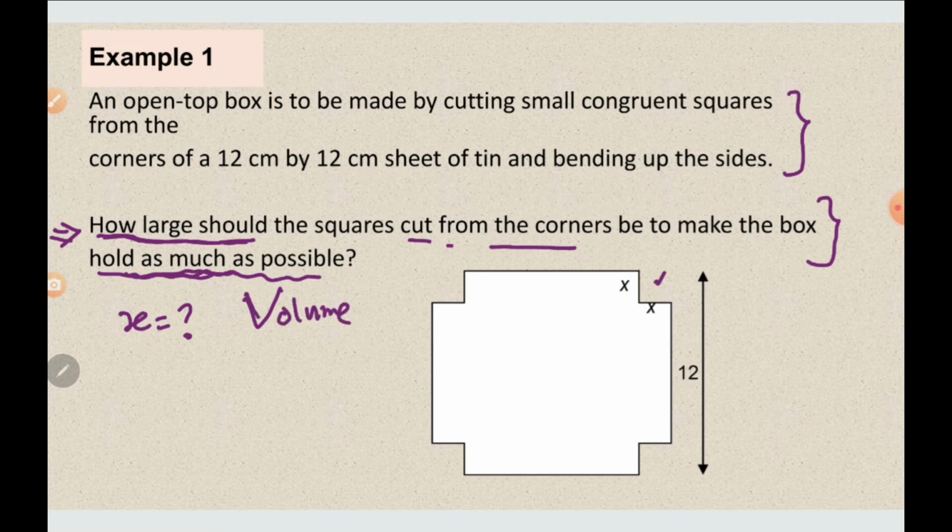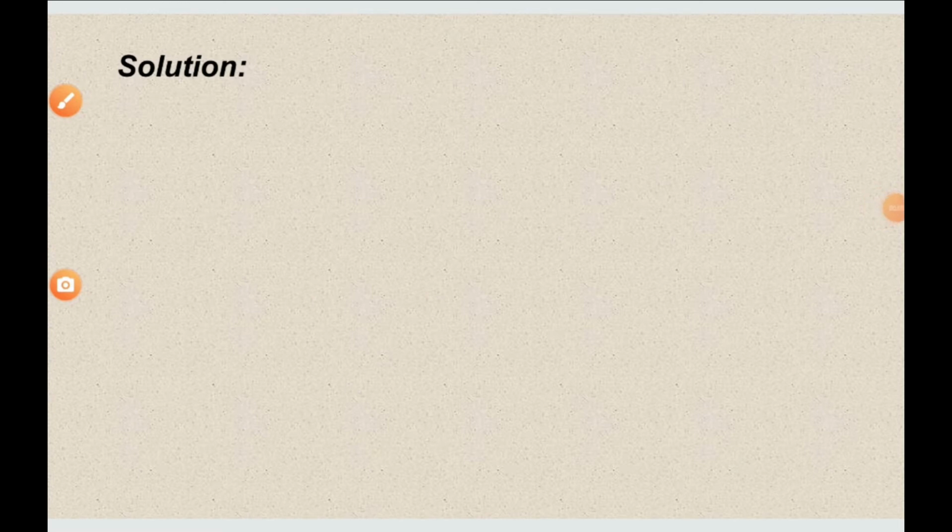So to get the volume maximum, I write here maximum volume. So what is the side to be cut? To solve this problem you should understand that we will use the second derivative test to solve the optimization problem here. You need to understand what is the function that we want to optimize.